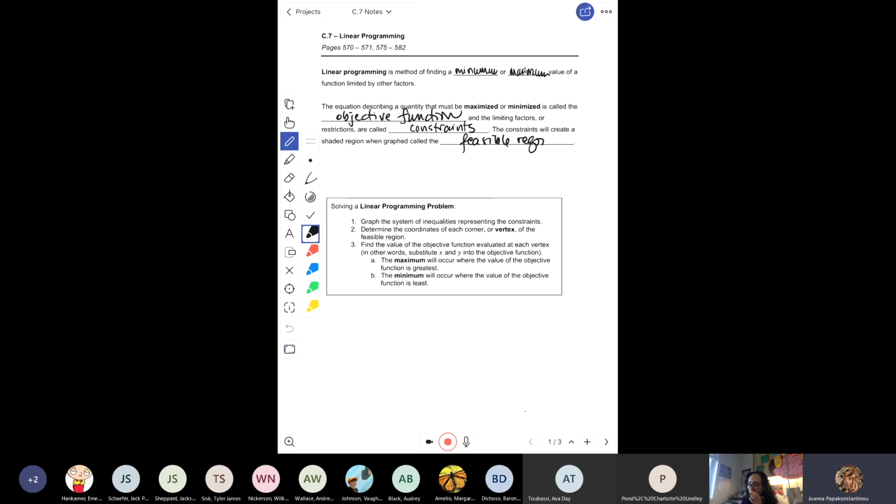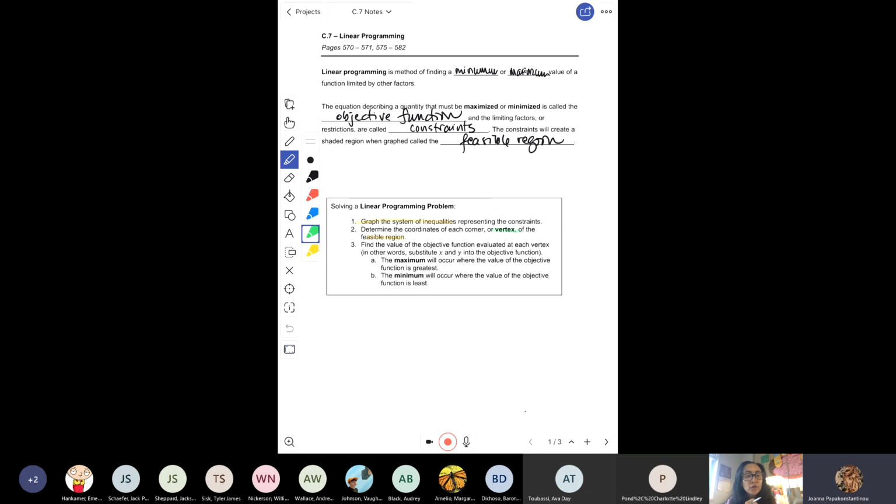So how am I going to go about solving a linear programming problem? The first step is to graph the system of inequalities representing the constraints and shade. That gives us our feasible region. From the feasible region, we identify the vertices, those little corners, the intersection points of the boundary lines.